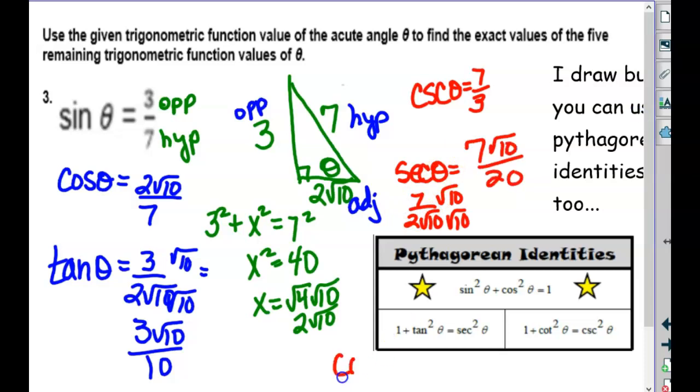And cotangent, we don't want to flip over that messy one, but remember right back here it was 3 over this, or it's adjacent over opposite, so it's 2 square roots of 10 over 3.